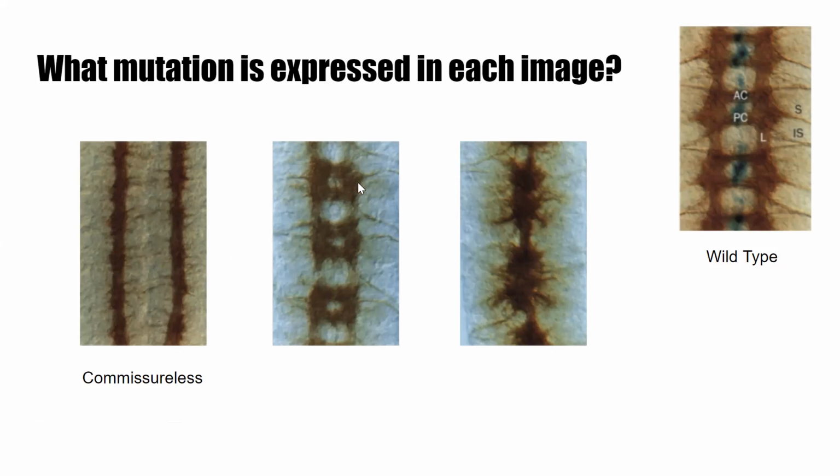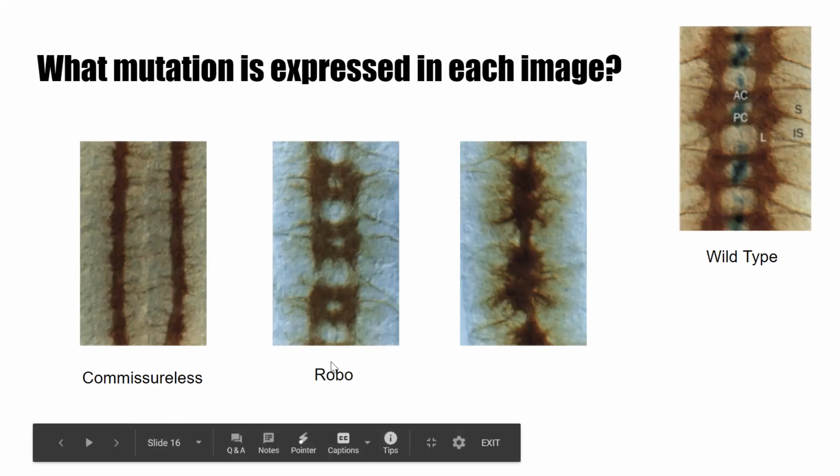And then over here, we see these little circle-looking figures. What could that be? That actually could be a mutation for ROBO, which is actually short for roundabout.